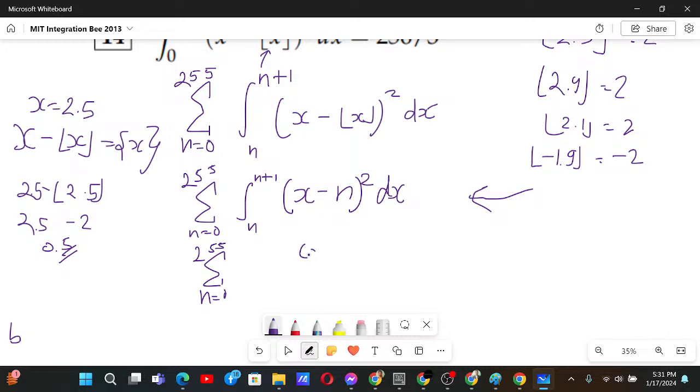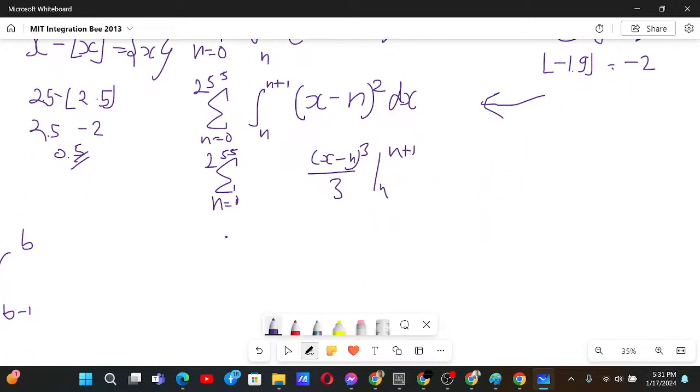You can integrate this. This will be x minus n cubed by 3, going from n to n plus 1. Now there's nothing more to do though. Let me do it, from n equals 0 to 255. At n plus 1, this will be n plus 1 minus n, cubed by 3, which is 1 by 3. At n, this is n minus n, which is 0.